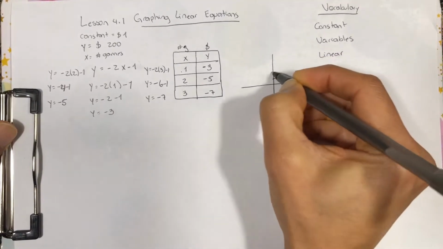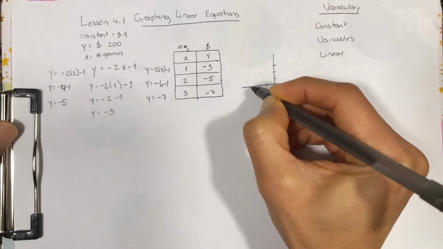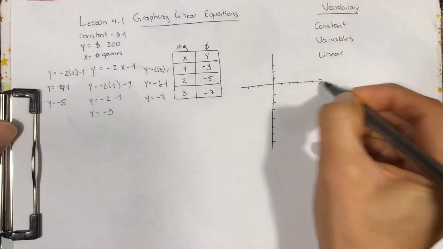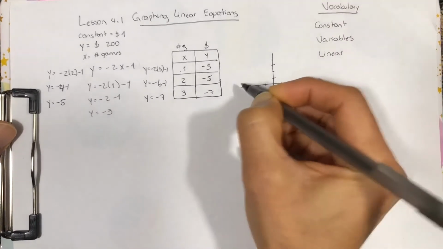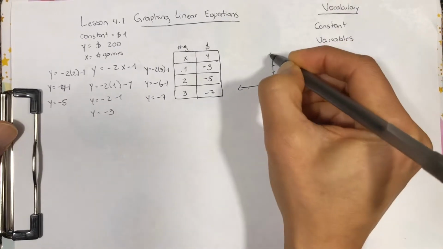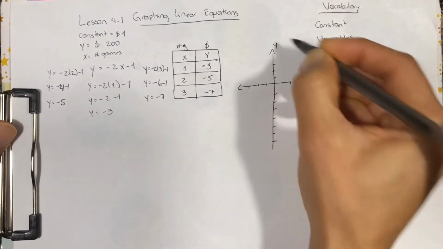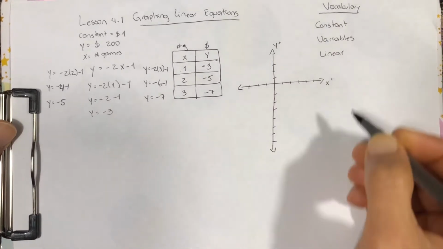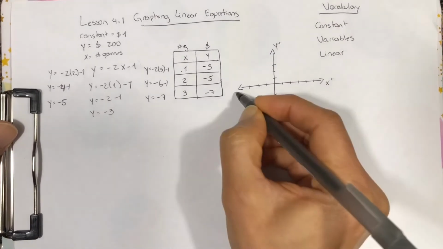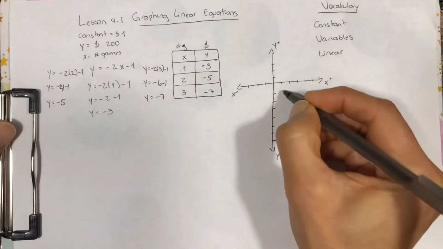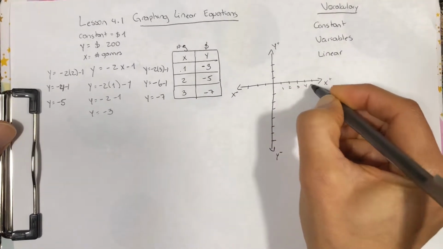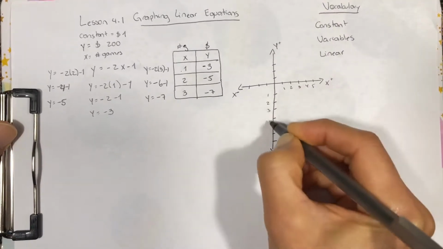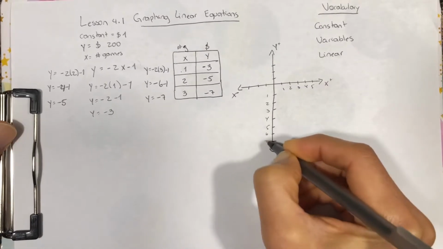Remember, this is the x's, and this is the y. Y positive and y negative, and x negative. 1, 2, 3, 4, 5. 1, 2, 3, 4, 5, 6, 7.